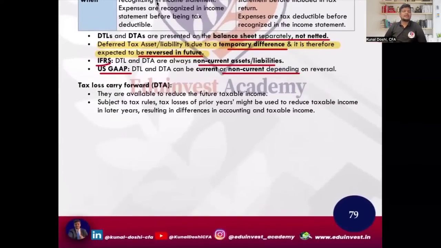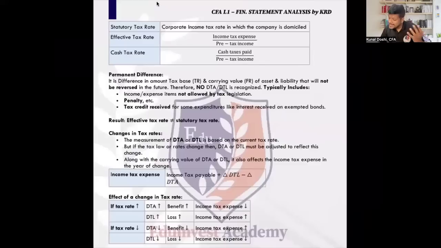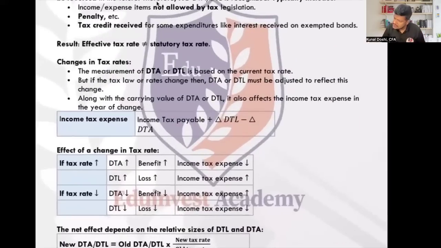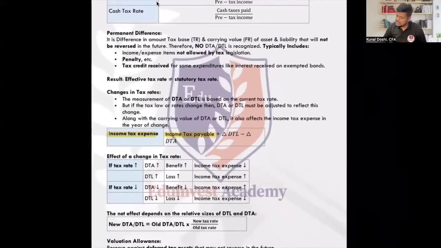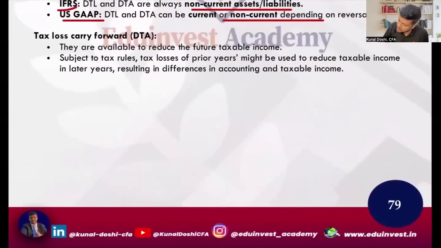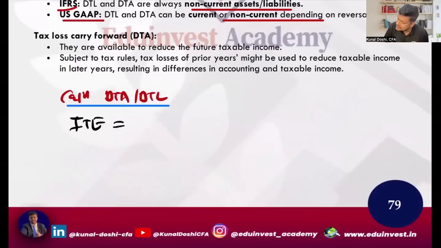So, generally, in order to calculate DTA and DTL, there are two methods. First, the difference between income tax expense and income taxes payable.